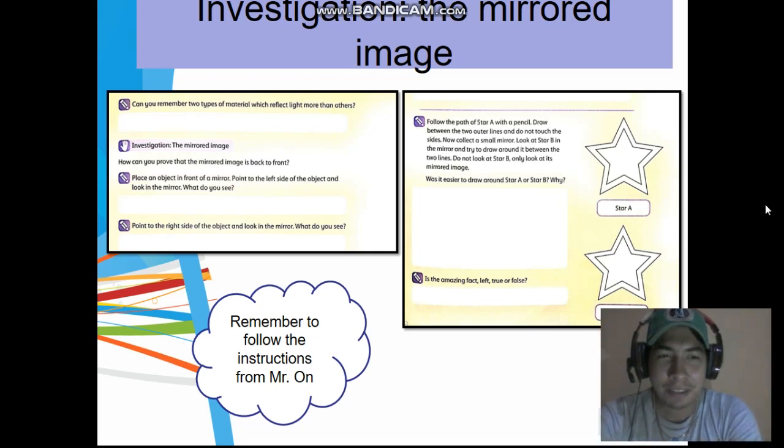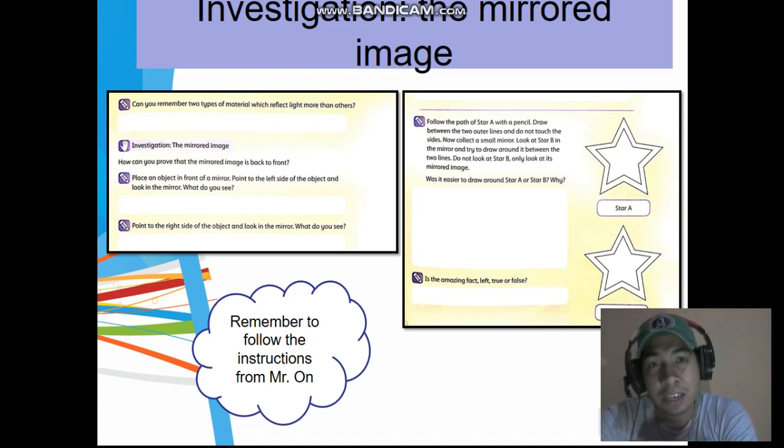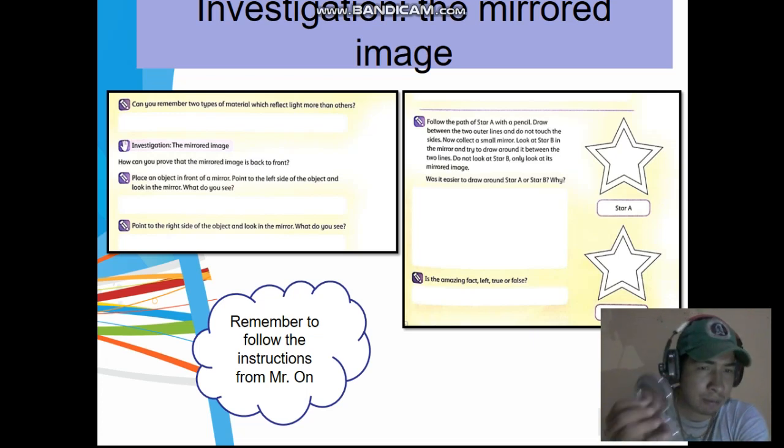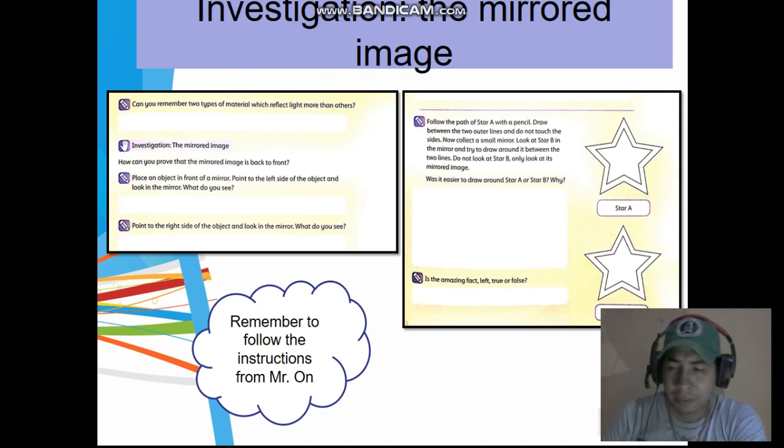All right. So, how did it work? Remember that this investigation was only to draw a star, very normal in your paper. And now I wanted you to use something like a mirror, something like this, that you could see reflection.